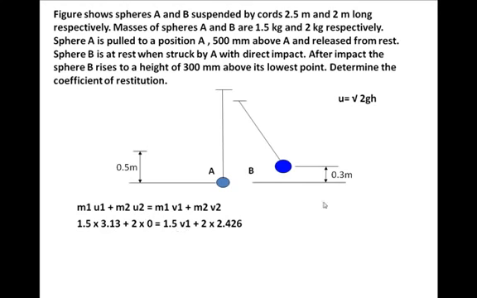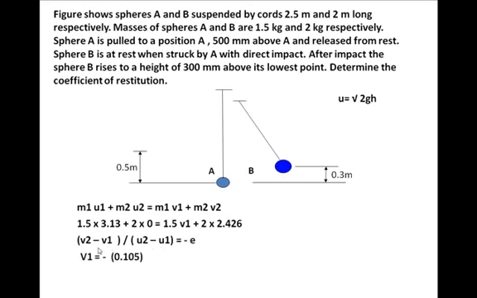See how we have got v2: because of this velocity it rose to 0.3 meter. So again using u equals root 2gh and putting h equal to 0.3 this time, if you work it out, you will get v2 as 2.426. Then this equation has only one unknown, so we can solve for v1.